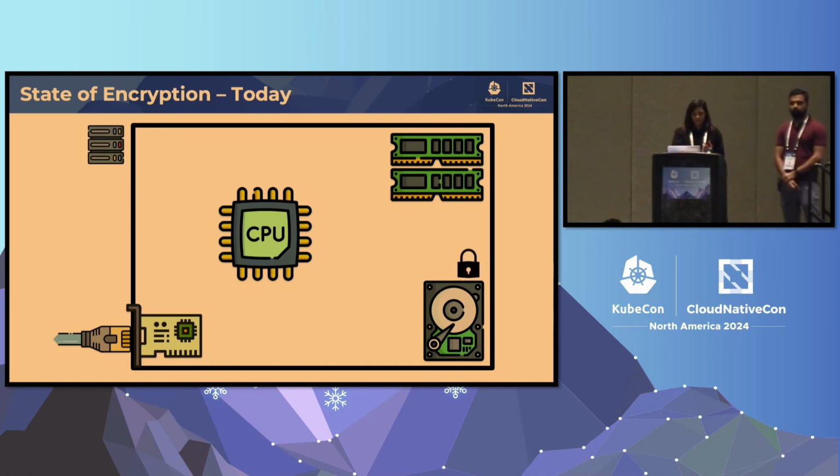And we have mechanisms to protect that data which lies at rest. For example, using BitLocker. So even if somebody steals your hard drive, they take it with them, they try to unlock it, they'll not be able to get into it. So that's protected. The data at rest, as of today, is protected.